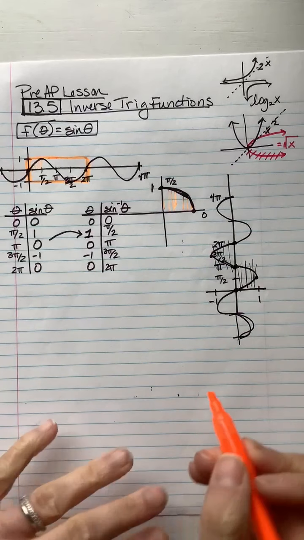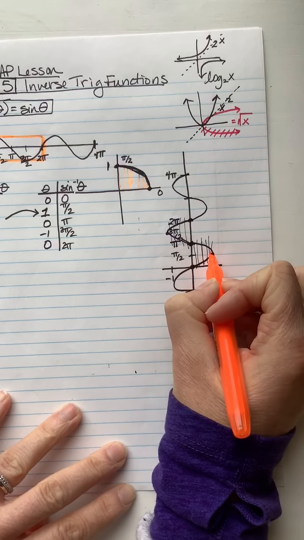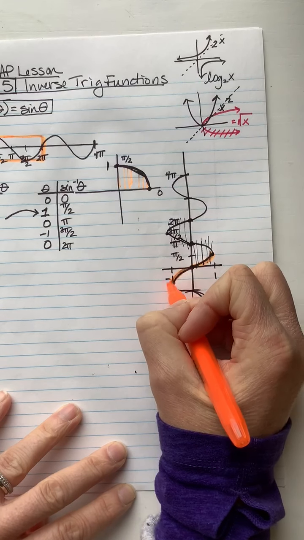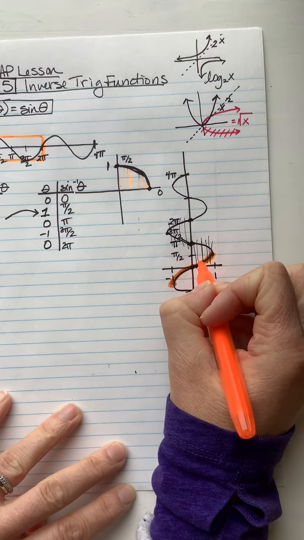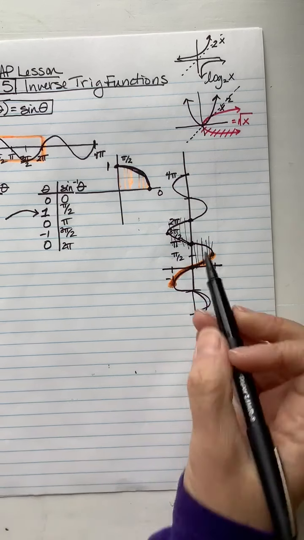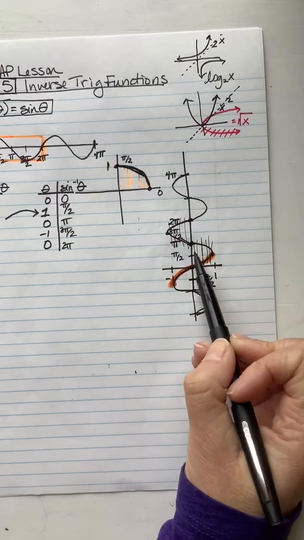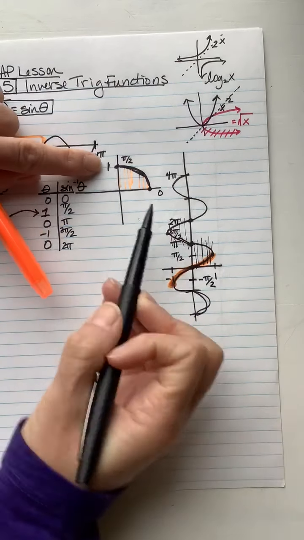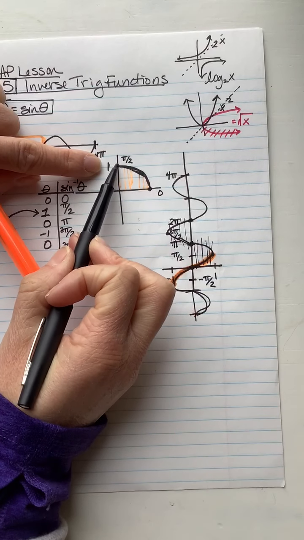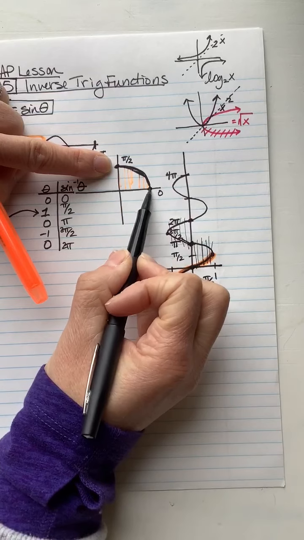So what mathematicians do is they say, okay, then, we are only going to study this piece, this tiny little piece of our inverse trig function. So this is -pi over 2. So we are only going to study this piece from 0 to pi over 2. And then we're actually going to go backwards to get some negative y values.